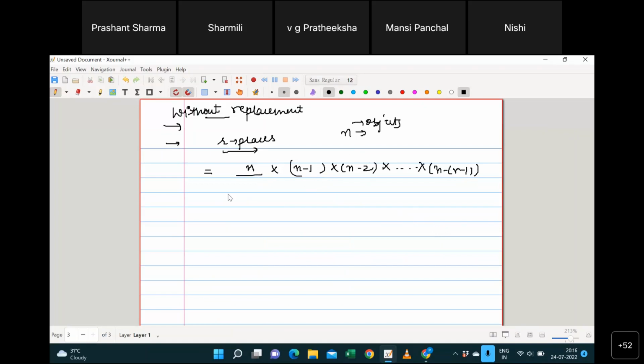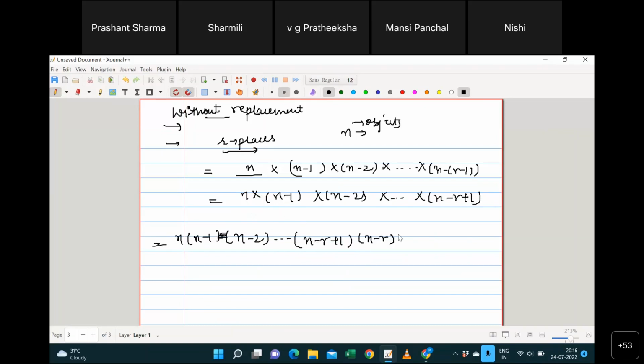Now this formula will become, similarly, n into n minus 1 into n minus 2 and so on into n minus r plus 1. Now, I can multiply it by n minus r into n minus r minus 1 up to 3 into 2 into 1.